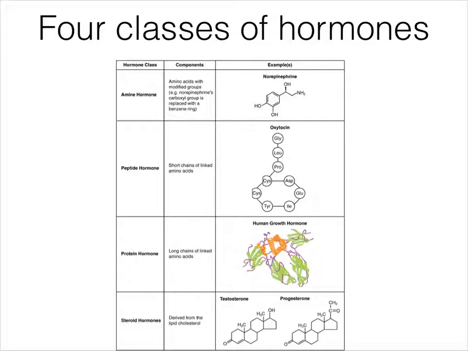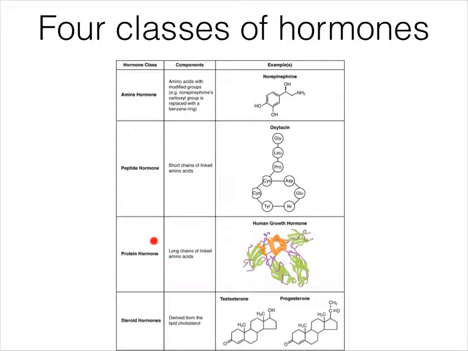Amino acids are something you have abundantly. And so these pretty much fit the definition of something that can be produced cheaply, quickly, readily available. A good example of a peptide hormone is oxytocin. Insulin is another peptide hormone. These are things that you could make pretty abundantly, pretty easily.